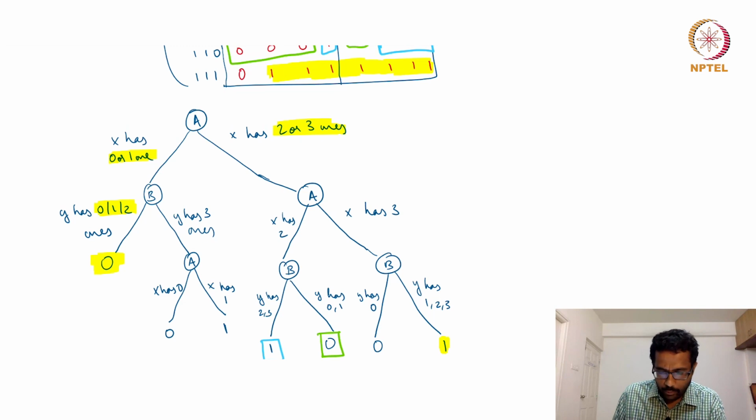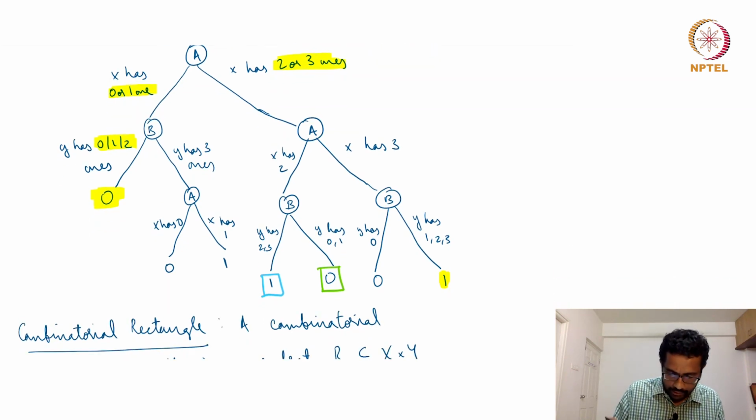The other case is when Bob has 3 ones, this branch over here. Now if Bob has 3 ones, then Alice has 0 or 1 ones. So the function value really depends on whether Alice has 0 ones or 1 one. So we ask that question, and depending on that the function value is 0 or 1.